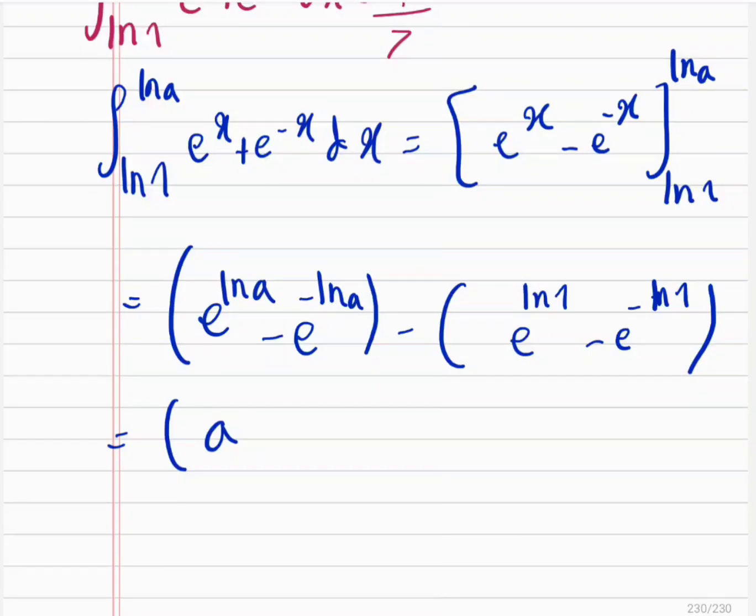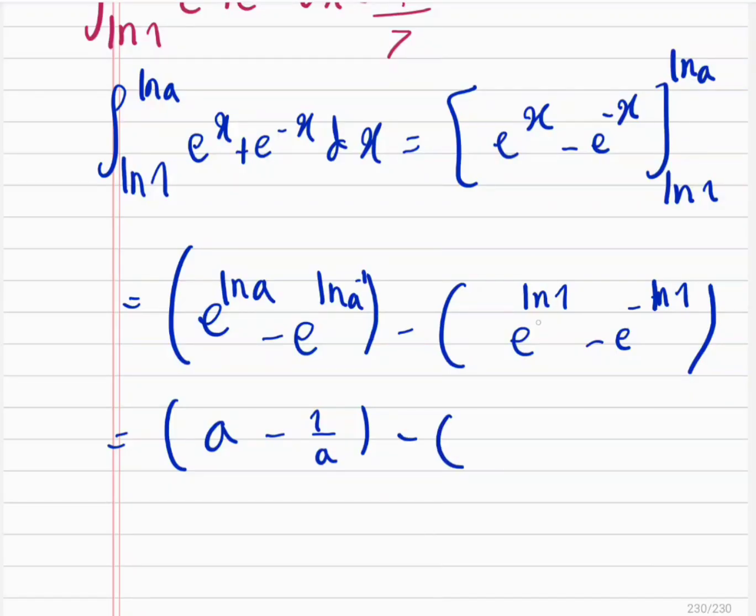Now here we have minus e to the power of minus ln a. From the properties of logs, we can take this minus and raise a to the power of minus 1, and e to the ln of anything just cancels out. So we simply get minus a to the power of minus 1, which is minus 1 over a.